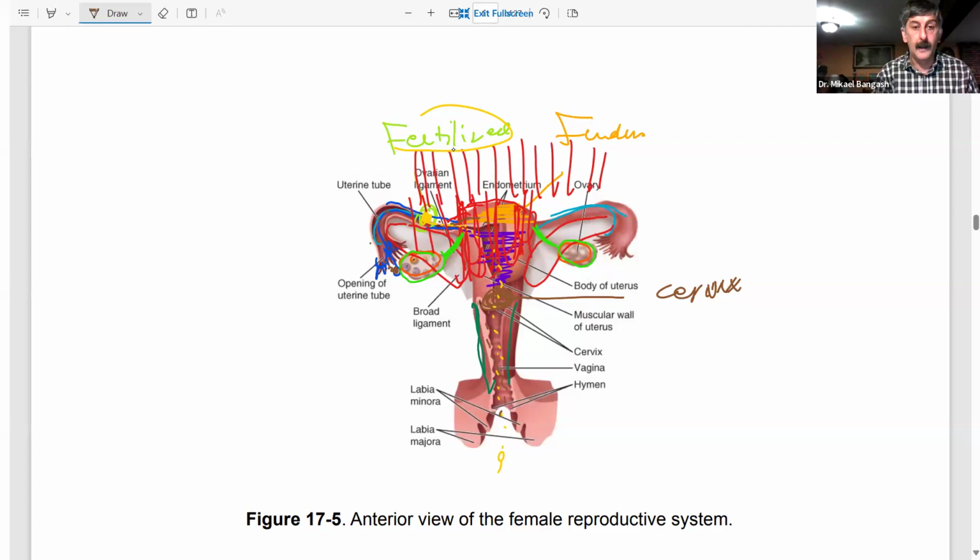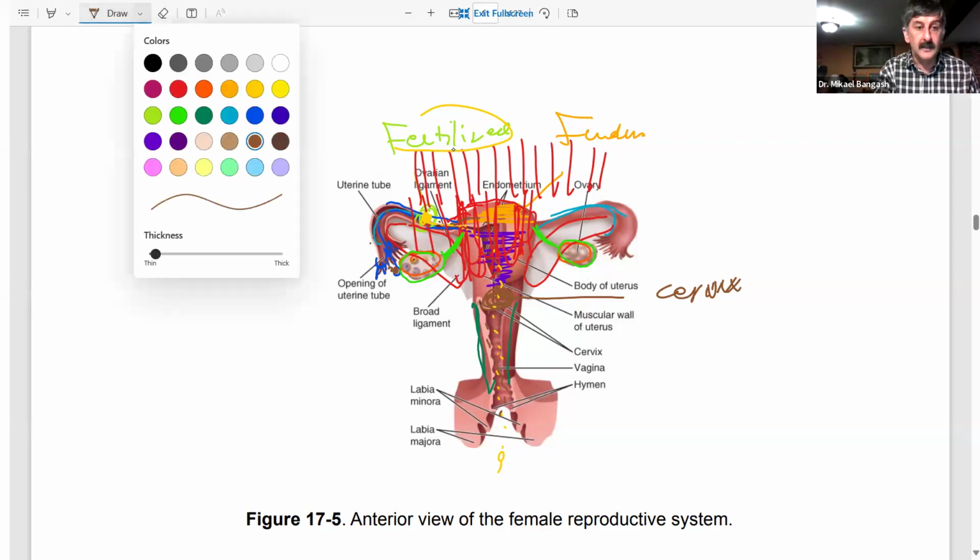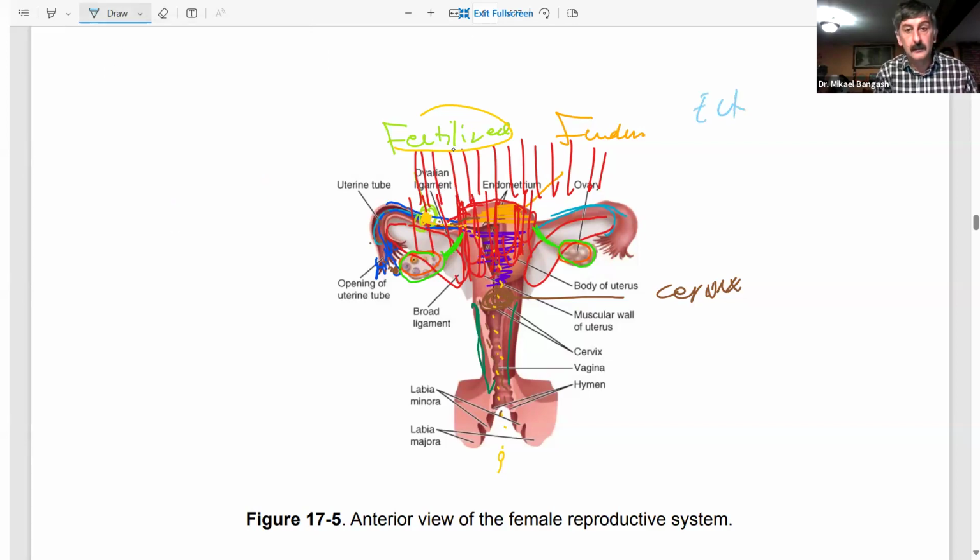Guys, no matter what, these ectopic pregnancies are not going to be viable. There's no way that the fetus can develop here.